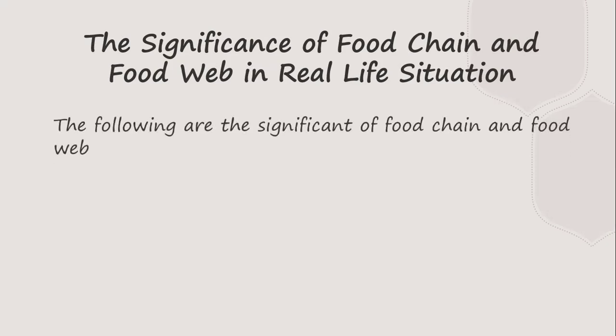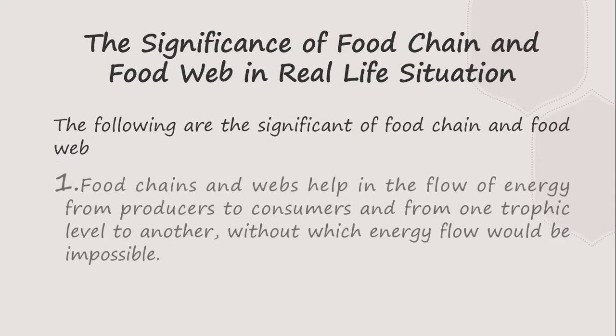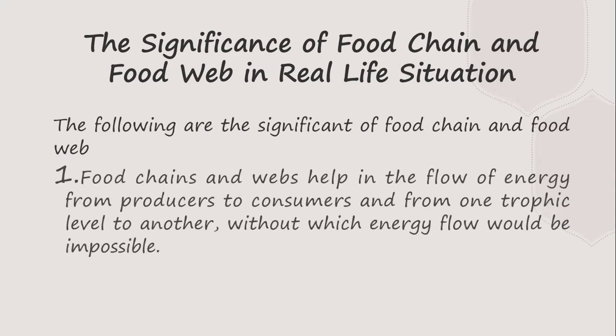Moving on. Now let's see the significance of the food chain and the food web in real life situations. Here we're going to see the importance of the food chain and the food web in real life. The following is the significance. The first one is that food chains and webs help in the flow of energy from the producers to the consumers, and from one trophic level to another, without which energy flow would be impossible.